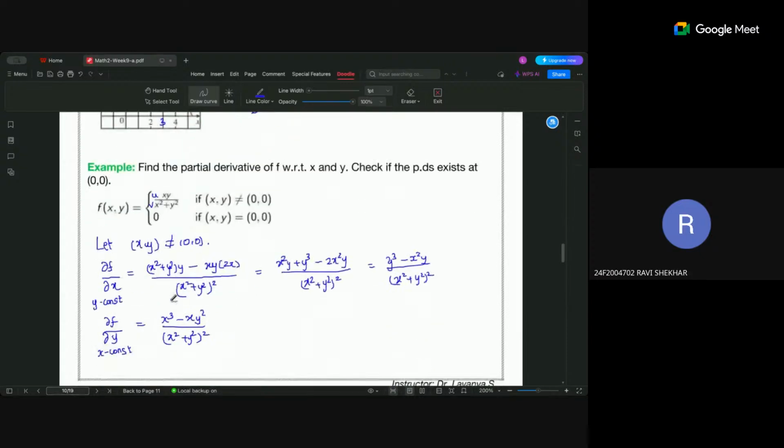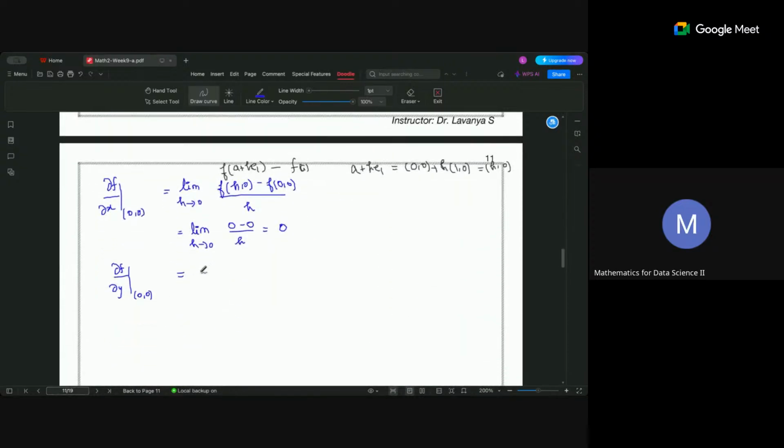Similarly, this is the limit as h goes to 0 of f(0, h) minus f(0, 0), because you have f(a plus h e2) minus f(a), and a plus h e2 is (0, h), divided by h, which is 0 again.